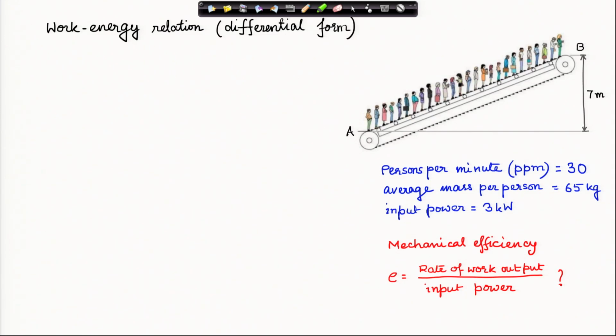Let us look at the work energy relation in the differential form, the power form, because here the rate of doing work is specified, and we have to calculate mechanical efficiency, which involves the rate of work output and the input power. Therefore, this has to do with power, and so we use the differential form of the work energy relation, which says that the rate of change of the total mechanical energy is equal to the power supplied.